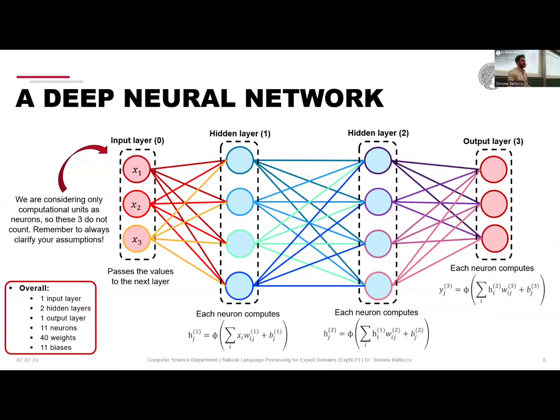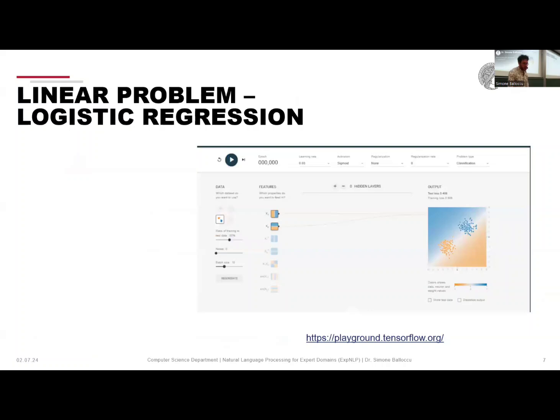So hopefully this clarifies a bit how this network works, how many of each thing we have. And now we can start seeing which one of our previous proposals work, okay? So first of all, linear problem, logistic regression. This is actually literally a logistic regression because we have no hidden layer, we just have 2 inputs and an output layer.